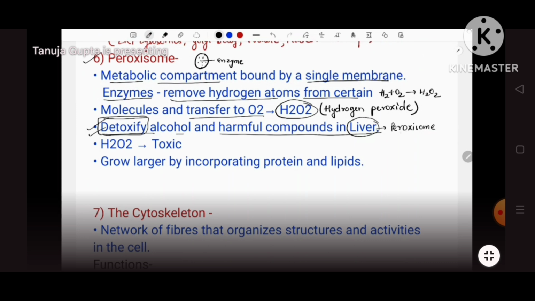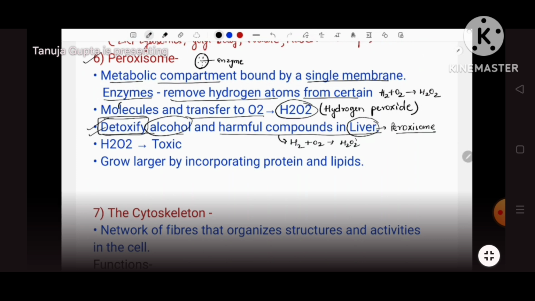Okay, so what does peroxisome do? It takes the hydrogen ion from these alcohol and harmful compounds, mixes it with O2, and ultimately makes H2O2. Got it? This is how it removes the toxic substances from these compounds.